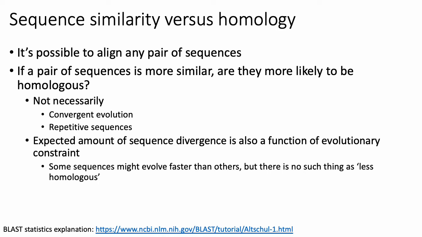That's another way of saying that even when you have pairs of sequences that are truly homologous from the same pair of genomes, their expected sequence similarity identified by the alignment can be different depending on the role those sequences had in the genome.